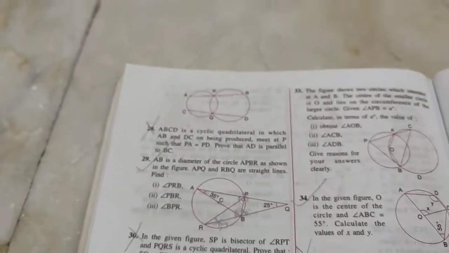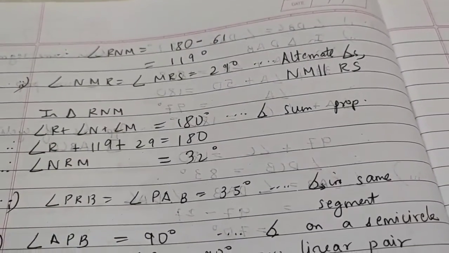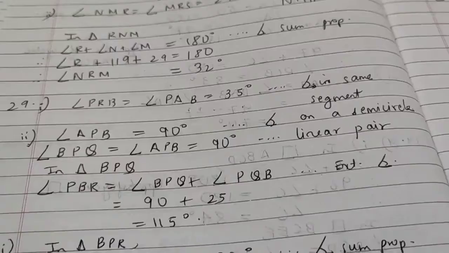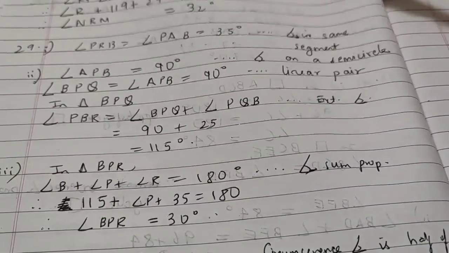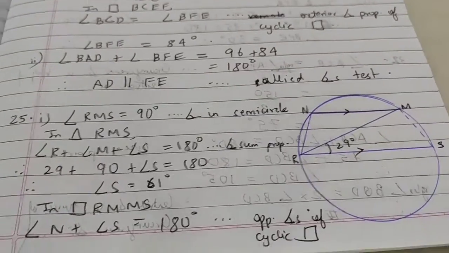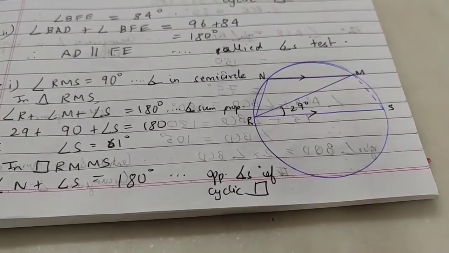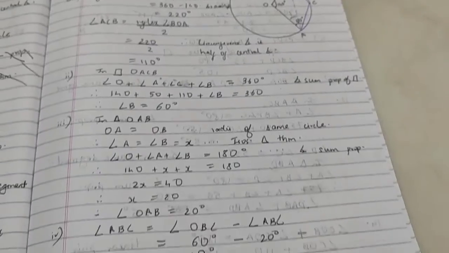But before that, 29 sum steps are here. I hope you solved the previous sum also. The steps are here. 25th sum steps. Let me show you all the sums from the beginning, so you can pause and check all the steps.